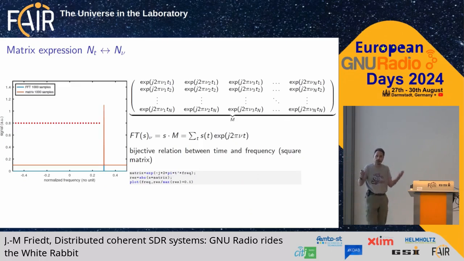You can express a Fourier transform as a matrix multiplication. If you keep the bijective properties, it's a square matrix. You have as many times as you have frequencies, and it gives you exactly the same result. I offset the curves so that you can see the difference between the two, but whether you're taking the IFFT from MATLAB or the matrix multiplication, you get the exact same result.